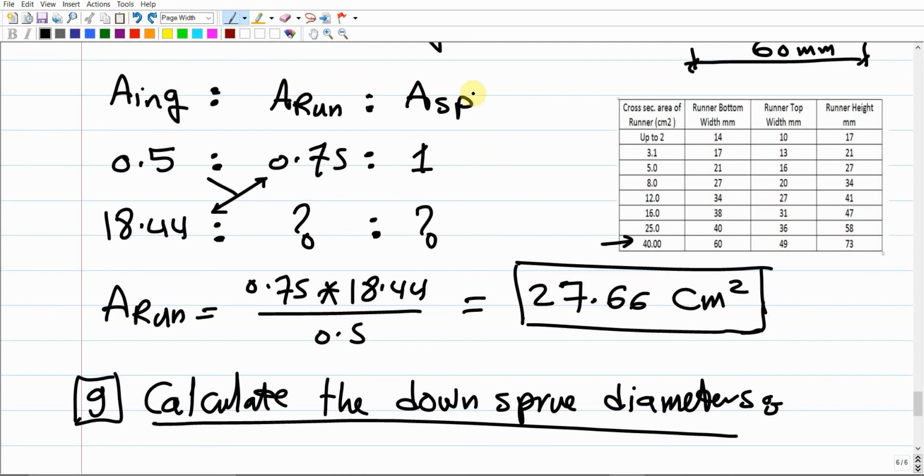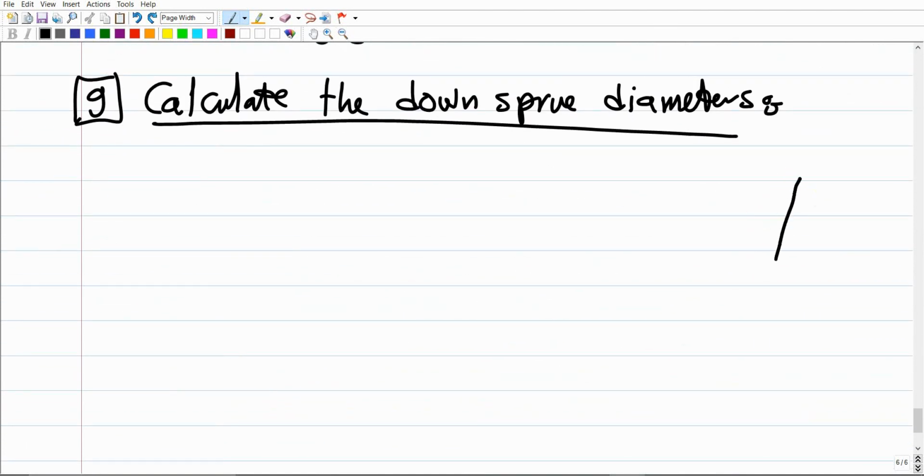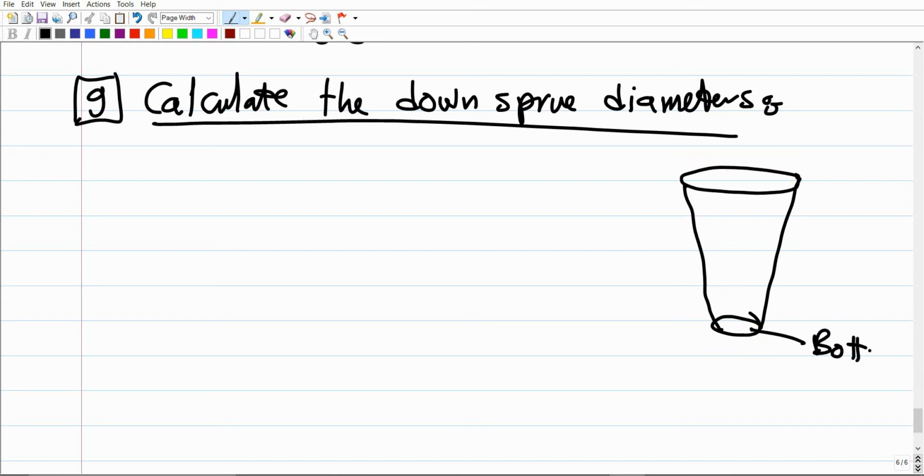But you should understand that this area is the area of the down sprue from the bottom. The down sprue has a taper shape, so it has two areas, right? One from the top and another from the bottom. So this is the bottom area, and this should be the top of the down sprue. This is the sprue. Make sense?